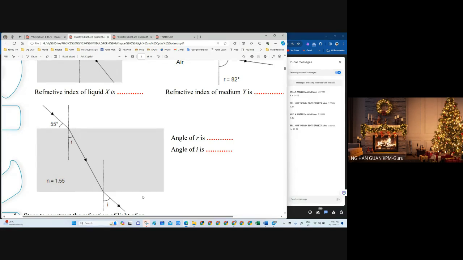So 21.72 is correct. If your answer is more than that, 30 plus, then your answer is wrong.